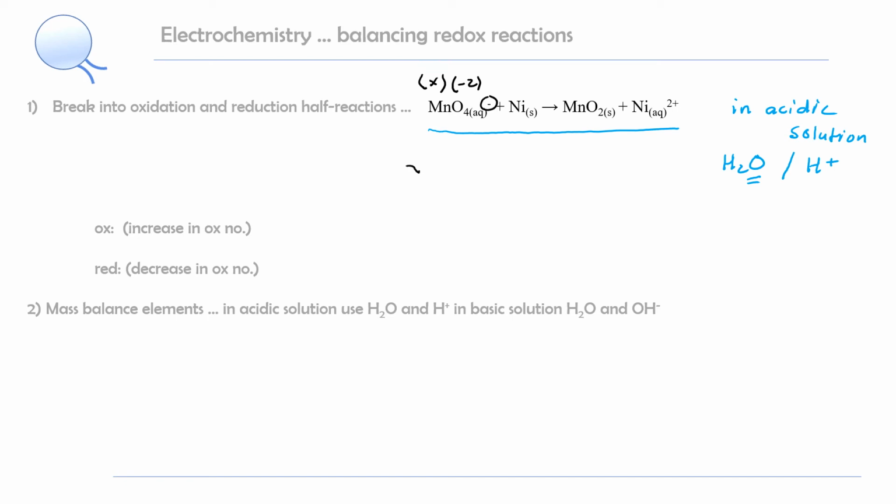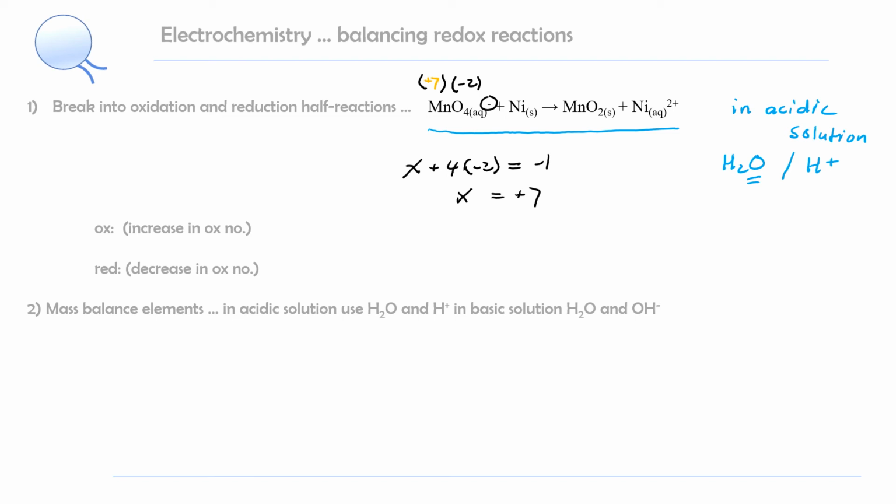So the oxidation number on manganese plus 4 oxygens at -2 has to add to -1. You add 8 to both sides. X is +7. So the oxidation number on the manganese is +7.